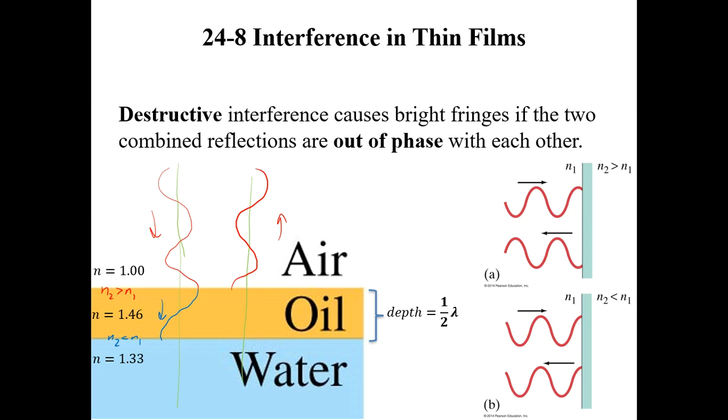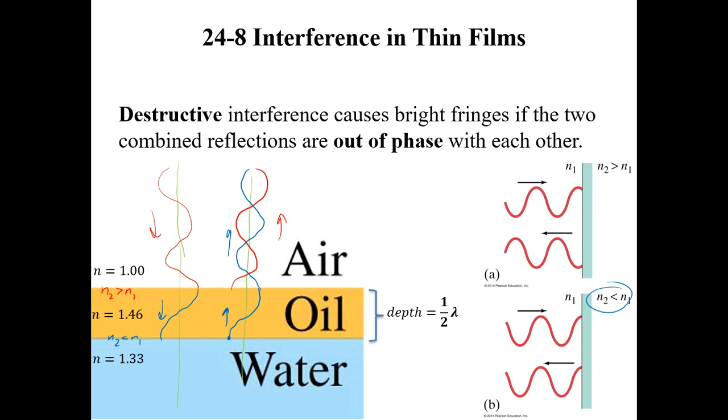Okay? But since N2 is less than N1, it reflects in the same phase that it started, in which case it starts off here and goes half a wavelength, which puts it something like this once it reflects backwards, back up to the air. And it continues in this direction like so.